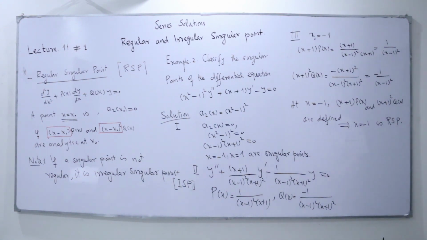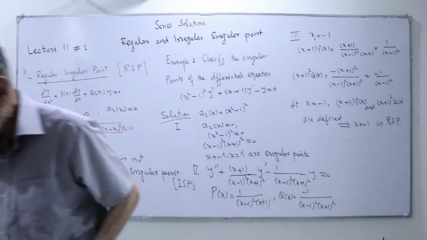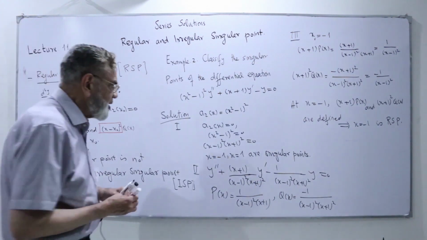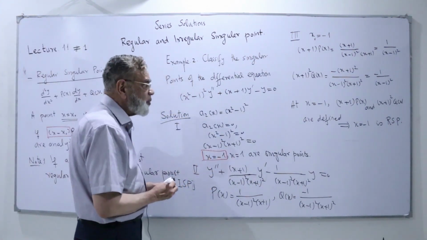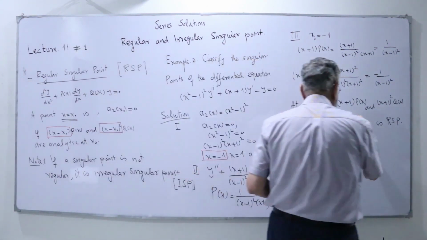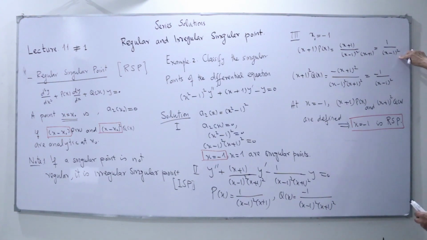So that's number 3, where we check x0 equal to −1. There are two singular points, x equal to −1 and x equal to +1, and we have taken this one first. We checked whether this point is a regular singular point, and we got that x equal to −1 is a regular singular point, because this is a rational function defined at x equal to −1.